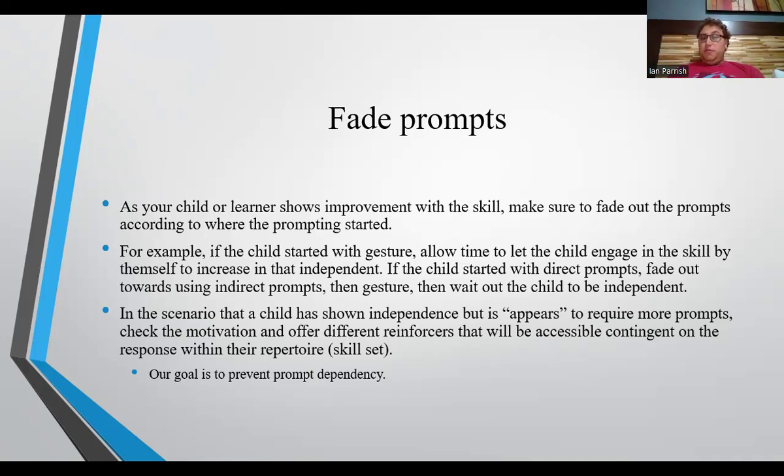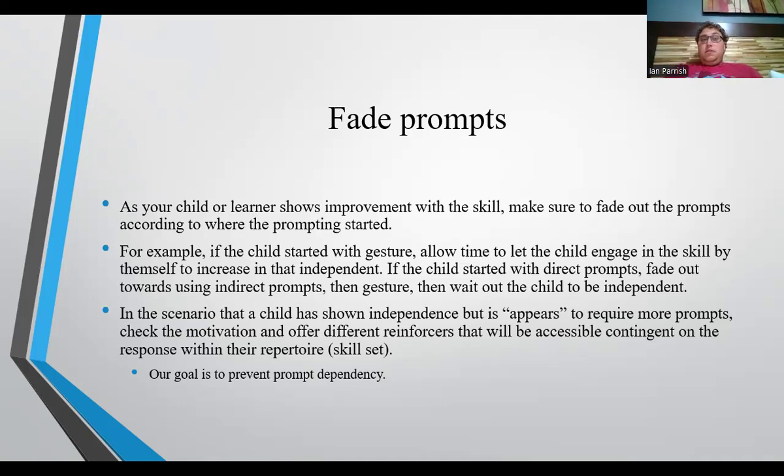So we offer different reinforcers that are accessible contingent on the response within their repertoire or skill set. For example, let's say that they open the bag of chips by themselves. You've seen that they can do it. And one day they say, no, you open it for me. You do it. And they're kind of being sassy, whatever. In the moment they're just not motivated.